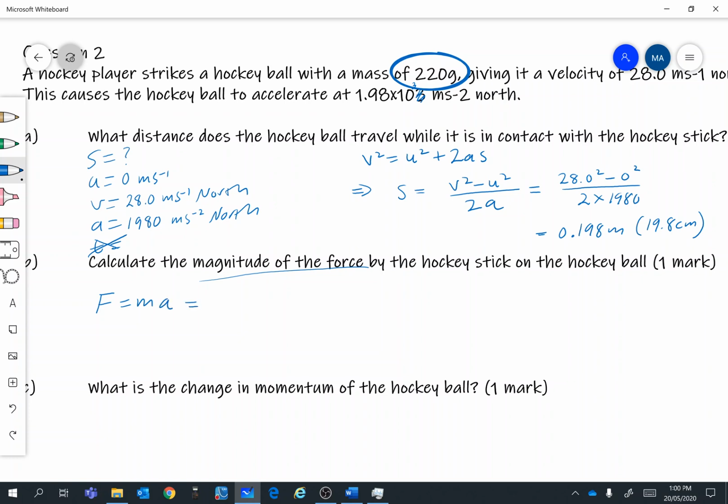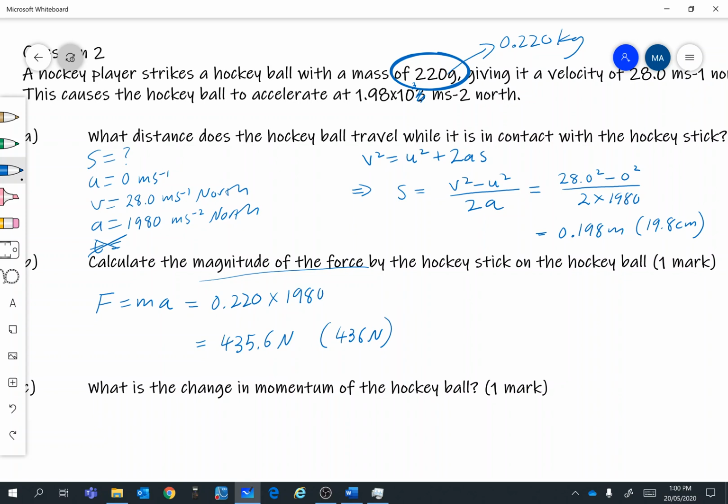In this case the mass is given in grams. That needs to be converted to kilograms, so that's 0.220 kilograms. And the acceleration, as before, 1,980 meters per second squared. If we put that through the calculator, we should get 435.6 newtons. Going to three significant figures, we'd say 436 newtons.